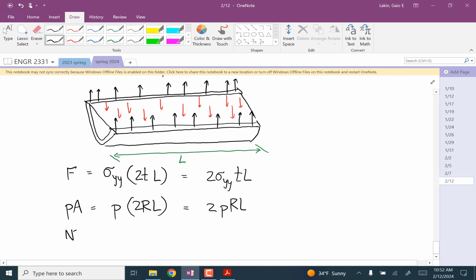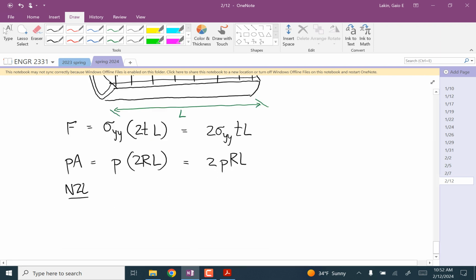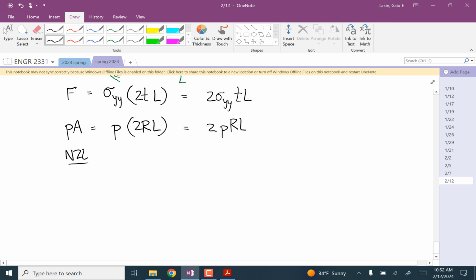Newton's second law says 2 sigma YY tL is equal to 2 pRL. The L's cancel, so that doesn't matter. The 2's cancel, and you get that sigma YY is equal to pressure times radius divided by t.